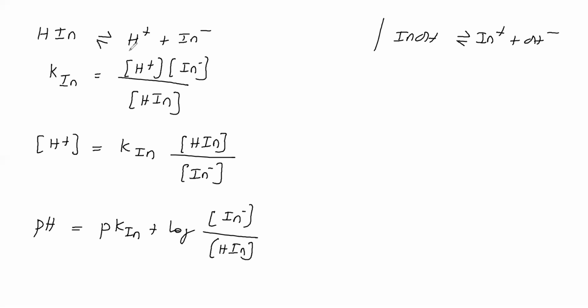Similarly, this indicator is added into some solution. This indicator should give this particular color; for that, what pH should the solution have? How do we know that? What is the question? You understand it? We are adding this indicator into some solution. This form of indicator should exhibit color to the solution, and this form should not exhibit color.